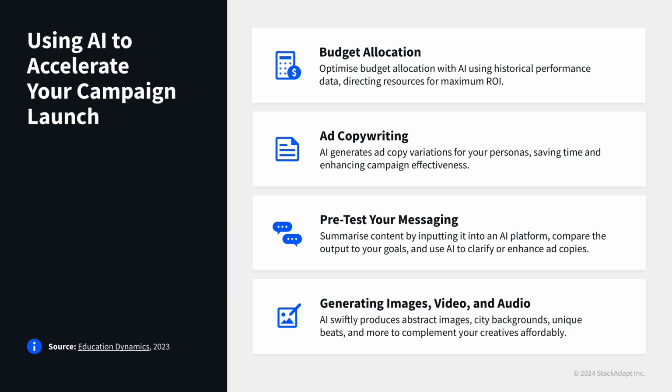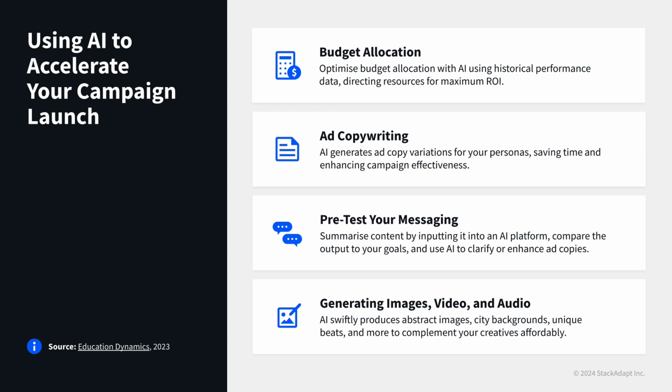AI can accelerate the campaign launch, and this can be done through the budget allocation, where we go and look at historical performance data and direct the resources on the channels that can maximize our ROI. Through creating different ad copy variation that resonate with the persona, and this can save us time and enhance our campaign effectiveness.